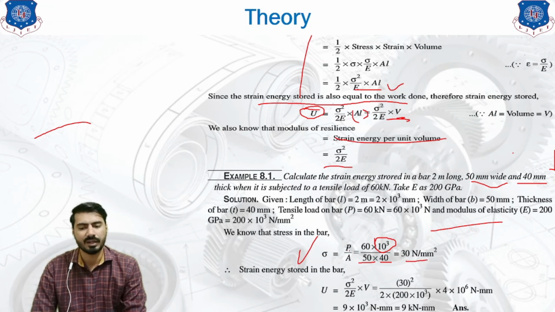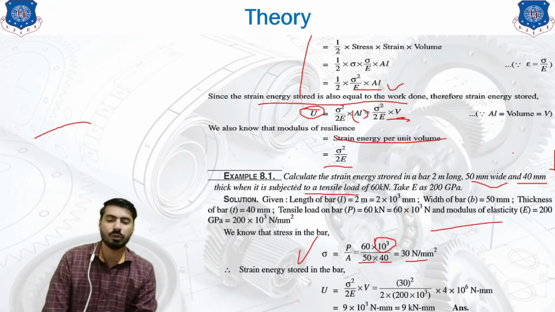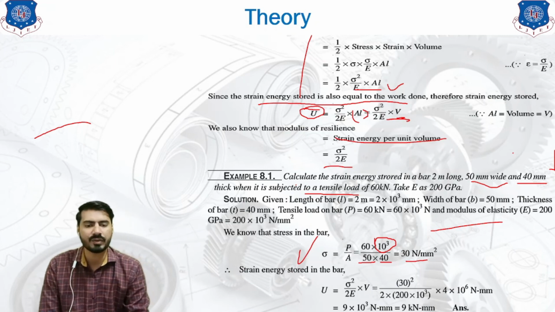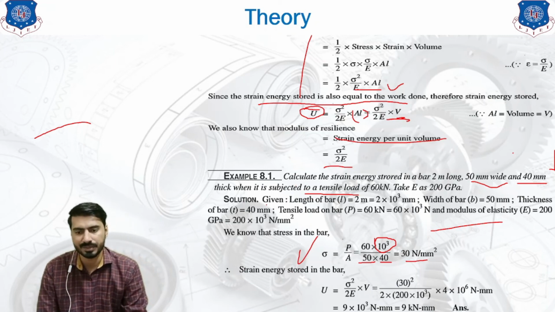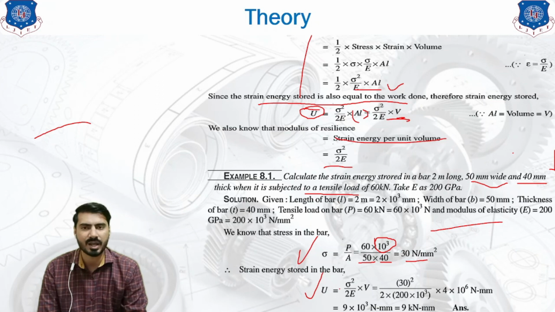Now they have asked us to find the strain energy stored in the bar, which is subjected to a tensile load of 60 kilonewton. They have not mentioned any loading condition, so by default we are considering it as gradual loading. For gradual loading, we have derived the equation of strain energy U equals sigma square upon 2E into volume V. So put all these values into this equation.